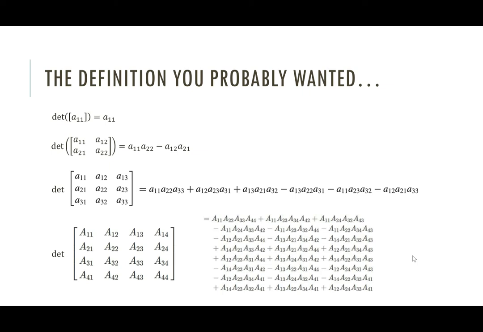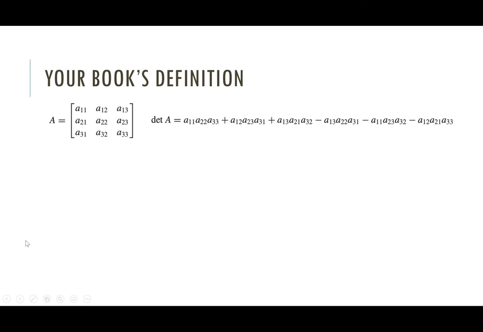So what you probably wanted is we say, all right, we've calculated these determinants, so let's figure out the pattern. This is actually the method your book kind of goes through. So here's your book's definition. What they do is rely heavily on the 3-by-3 case and then just say this generalizes. So in the 3-by-3 case, this is our determinant.